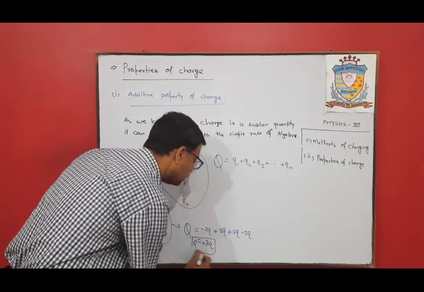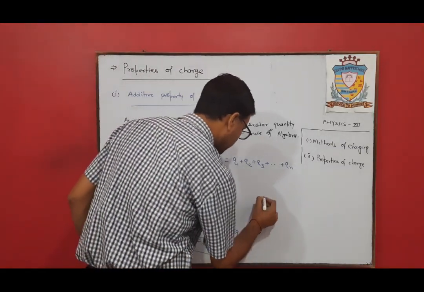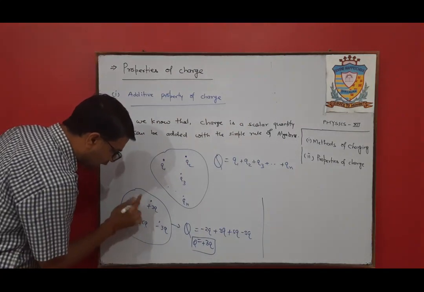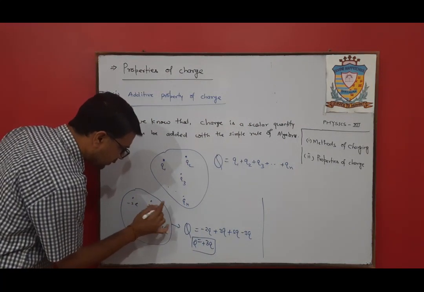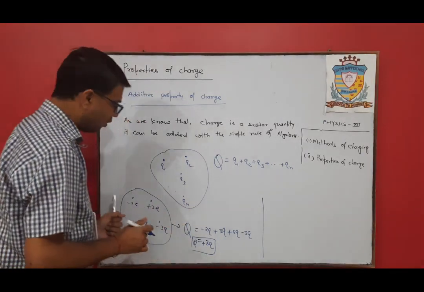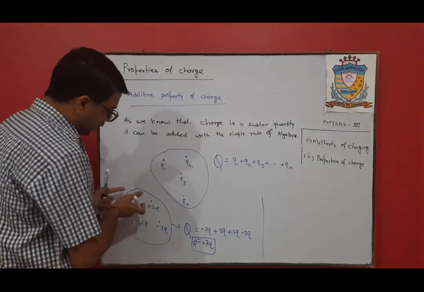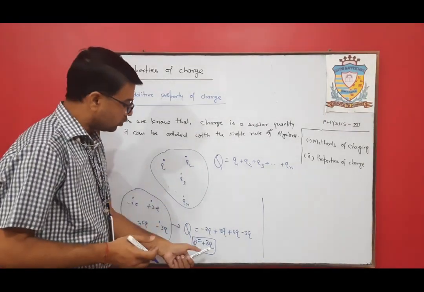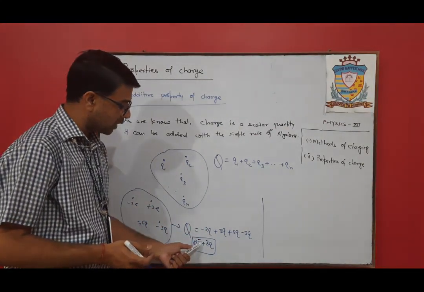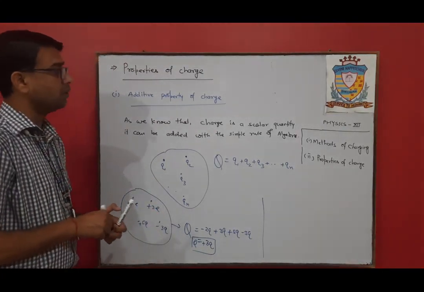So Q is equal to plus 3Q. Or we can write it in another way, representing it by the small e. What is e? That is the elementary charge particle. So we will simply put the value of e over here. Or if it is given in terms of Q, so if the value of Q is given, we can find out the total net amount of charge with the help of this equation. Clear? So this is the additive property of charge.